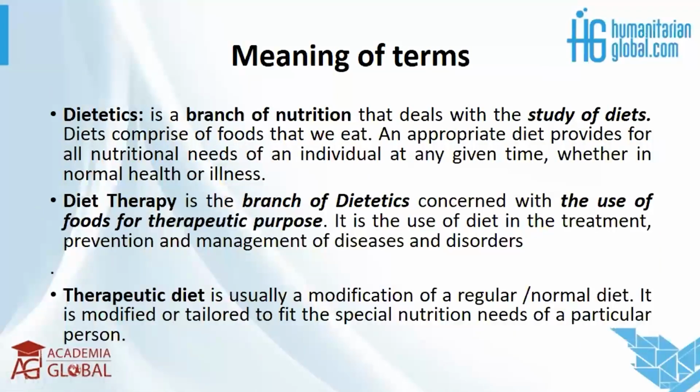So some terms that we are going to come across in today's session are as follows. Dietetics. Now, this one is a branch of nutrition. Remember, the course that is commonly offered in most institutions is called nutrition and dietetics. There is a difference between nutrition and dietetics. And very briefly, nutrition is a scientific study of anything that happens from the time you consume the food until you eliminate the waste products.